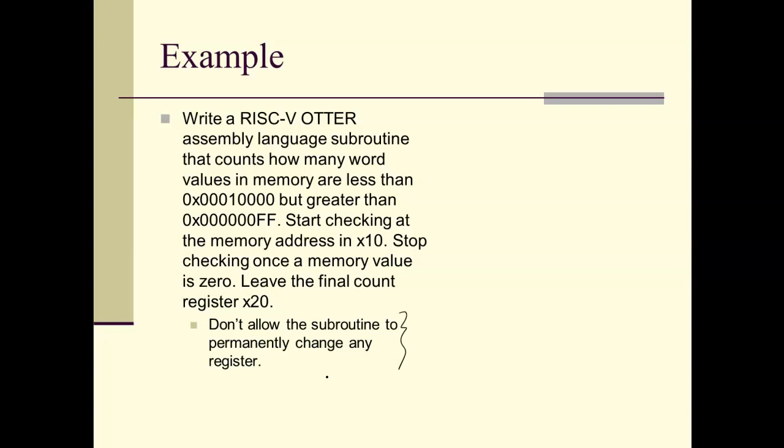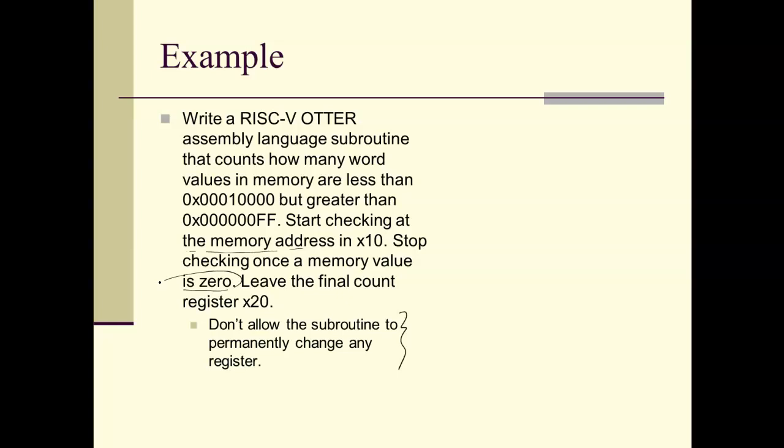Essentially, I'm looking at values in memory and seeing how many of them are in a particular range. I don't really know how many numbers I'm looking for. I'm going to keep looking until I find one that's 0. When I find one that's 0, that allows me to leave the subroutine.